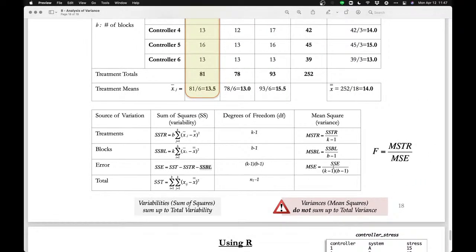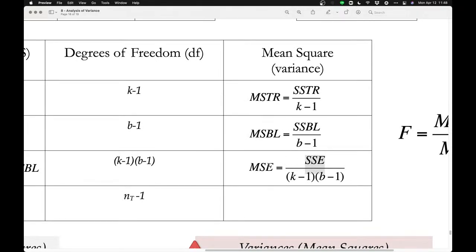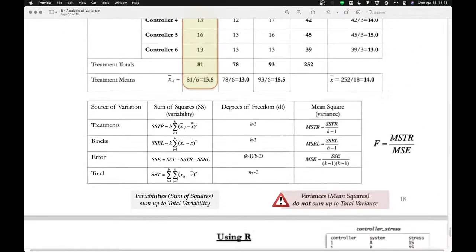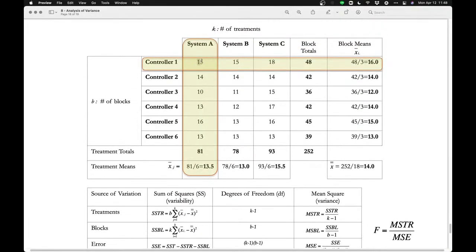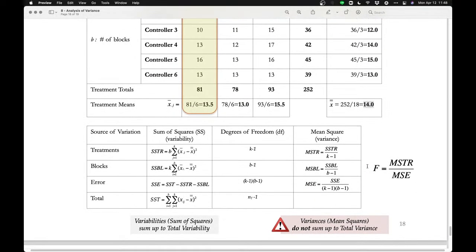That gives us the error variability, the numerator here. We divide by degrees of freedom to get the error variance. Okay. And then we have the grand variability here. The total variability is simply each cell minus the grand mean, all right, squared and summed.